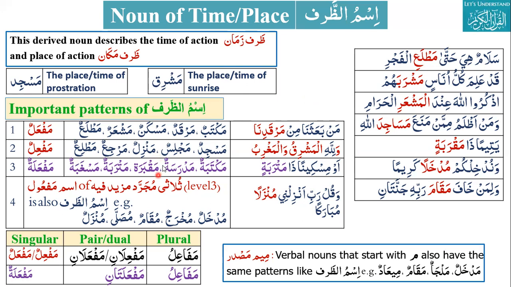Next ayah, Brother Hamad. Qad alima kullu unasin mashrabahum. What is the ismu zarf here? Mashraba. Can you do the translation? Qad, indeed, alima, he knew, kullu, every, unasin, people, mashrabahum, their place of drink.